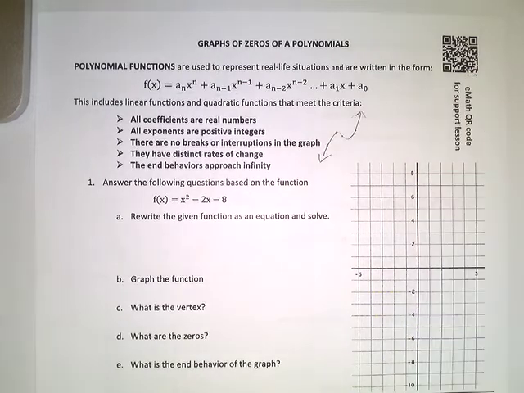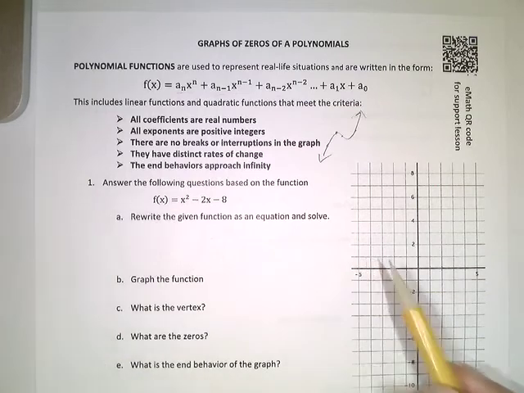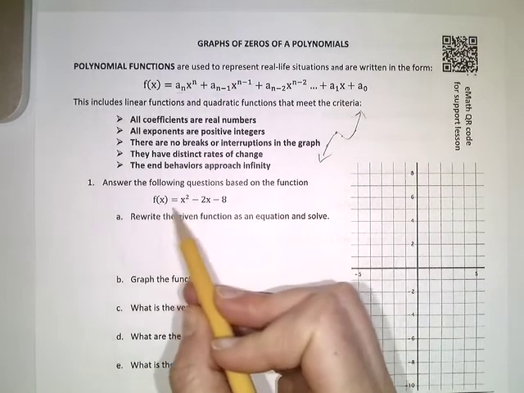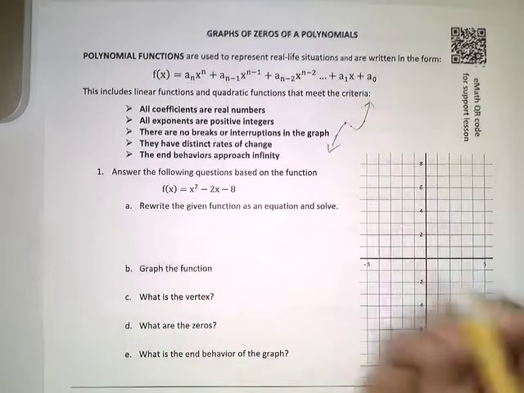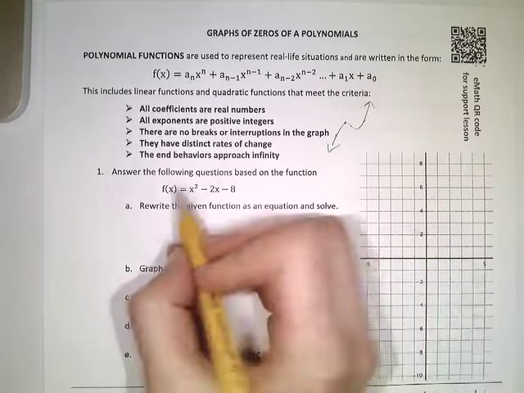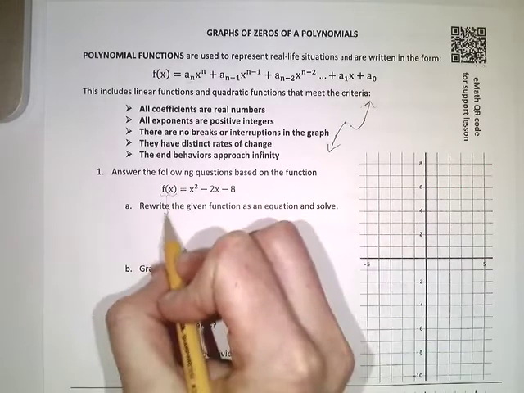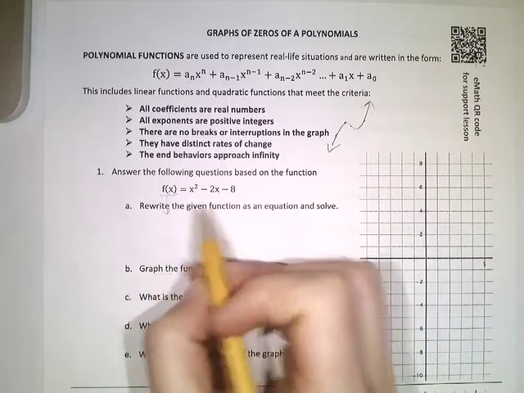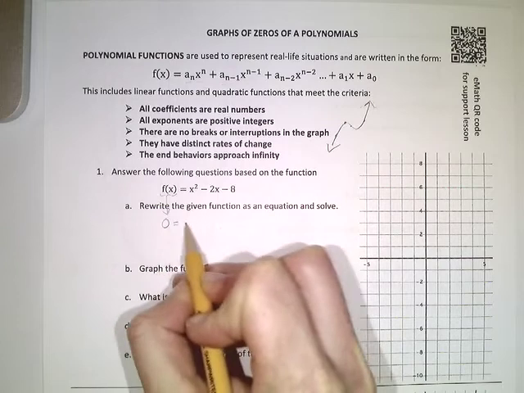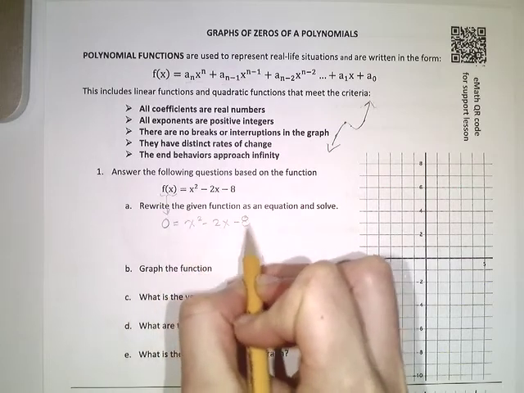So let's go over some basics of just your standard polynomial. If I'm given f of x equals x squared minus 2x minus 8, and I just asked you to factor that, the first thing you would do is replace f of x with 0, because f of x is just y, right? So y equals 0, and we have 0 equals x squared minus 2x minus 8.